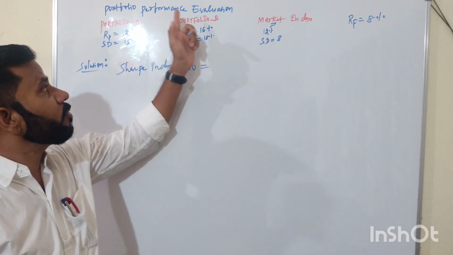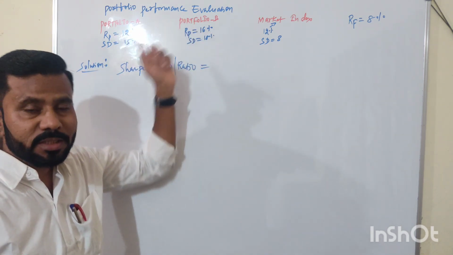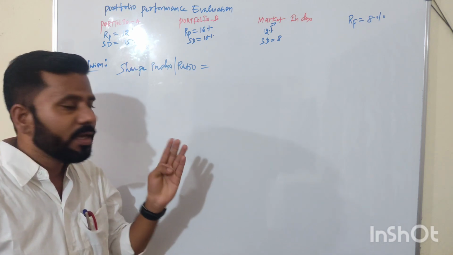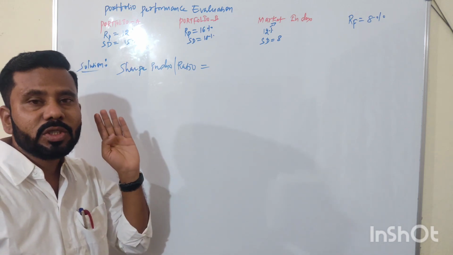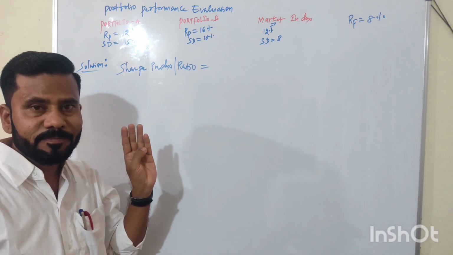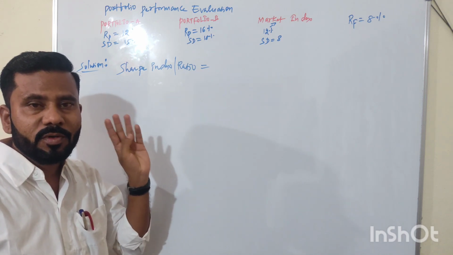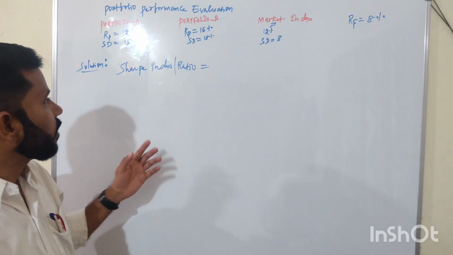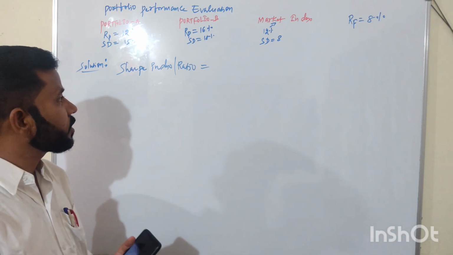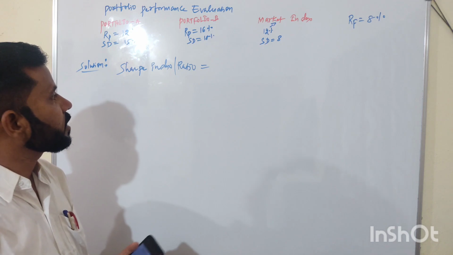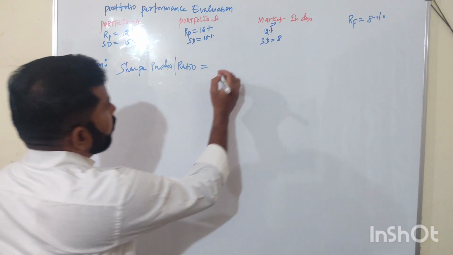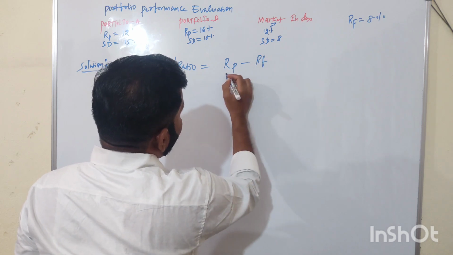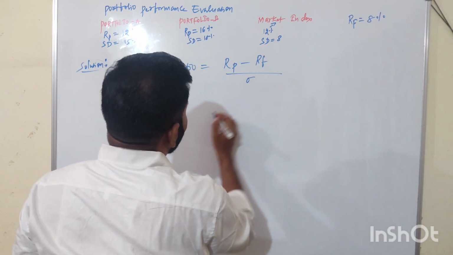Portfolio performance evaluation is done by using very popular and famous tools like Sharpe ratio, Treynor's ratio, and Jensen's ratio. Okay, so let's calculate this one. Sharpe index or Sharpe ratio equals, a very simple formula, RP minus RF divided by standard deviation.